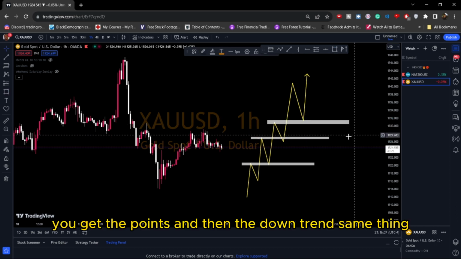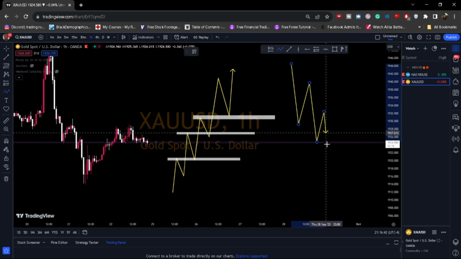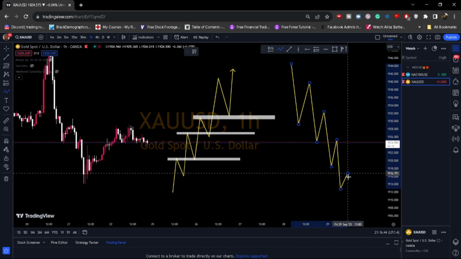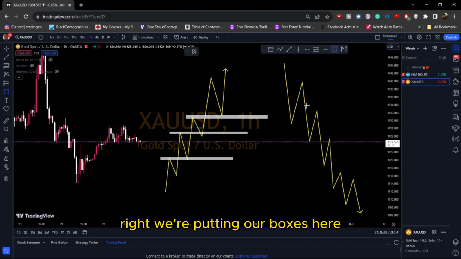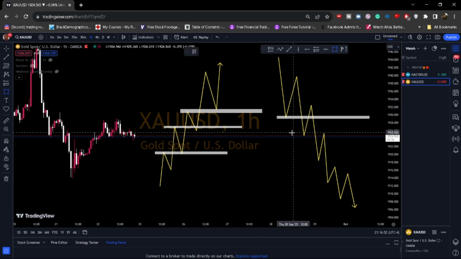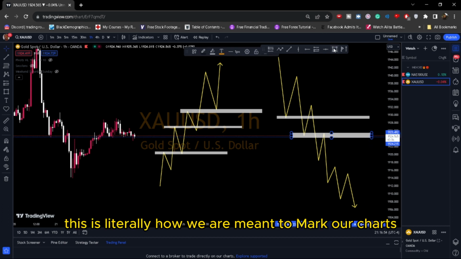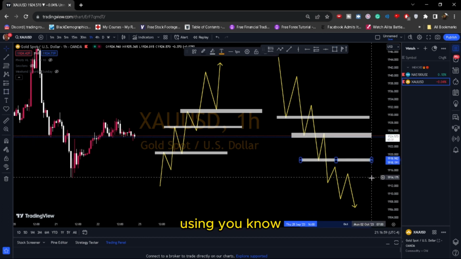You get the point. And then in the downtrend, same thing. We're putting our boxes here when we're marking our charts. Right, so this is how we mark our charts, guys. This is literally how we are meant to mark our charts using the 1 hour time frame.